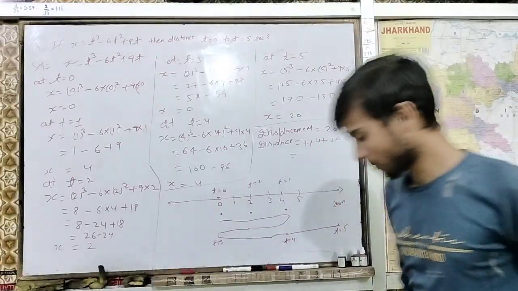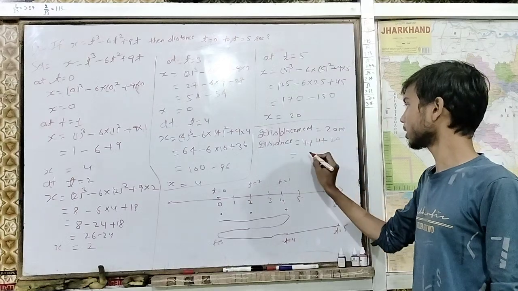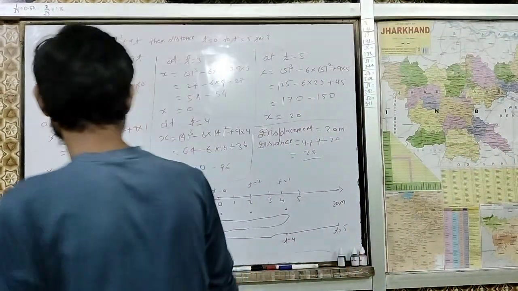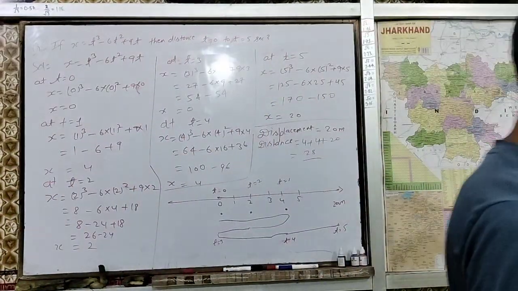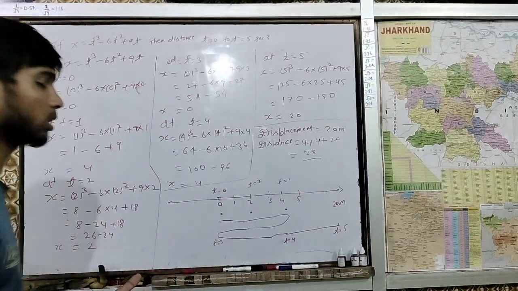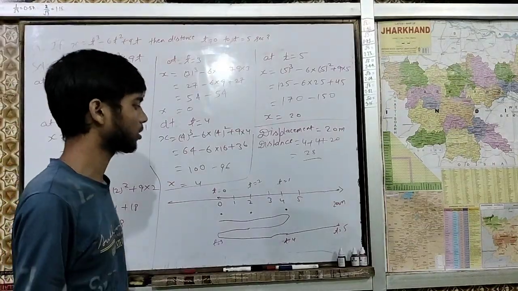After simplifying this, 28 is the distance covered by the object. 4, then 4, then 20. So 28 is the distance. Now it's our complete answer. You can see what we did. Observe carefully.